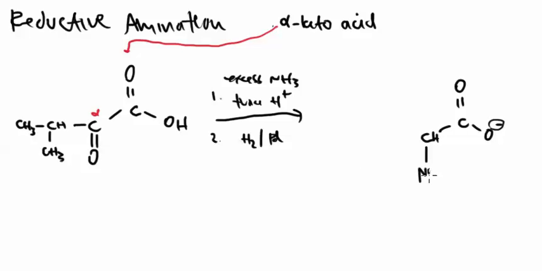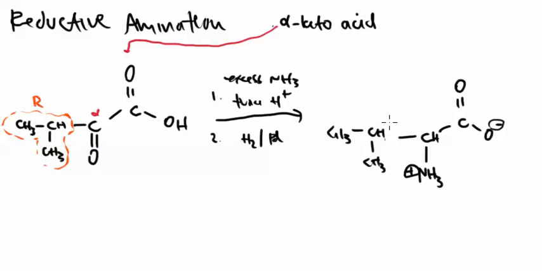But eventually we end up with an NH3 group here, just like with the HVZ reaction. And then the remaining part of this amino acid will stay the same. It's still a CH group that's attached, with a CH3 group down and a CH3 group over. So this part of the molecule did not get touched.